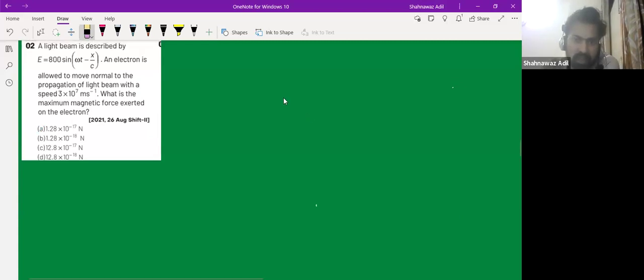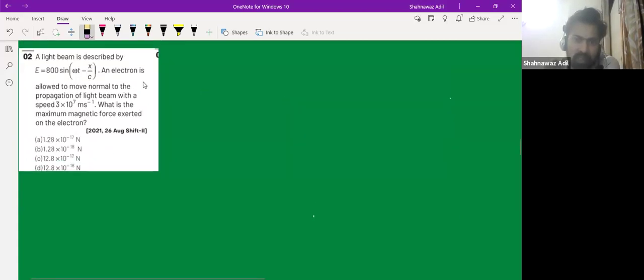Yeah, so this is given as omega t, and an electron is allowed to move normal to the propagation of the light beam with a given speed. What is the maximum magnetic force exerted on the electron?